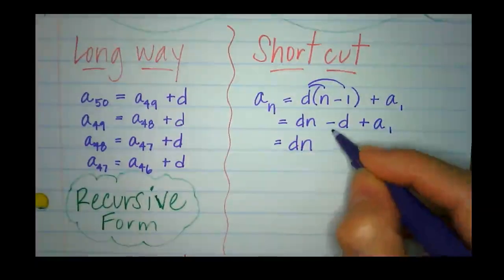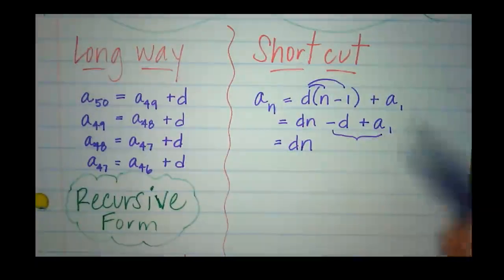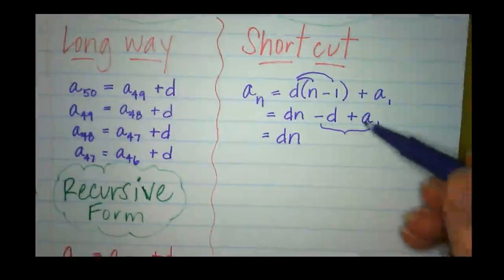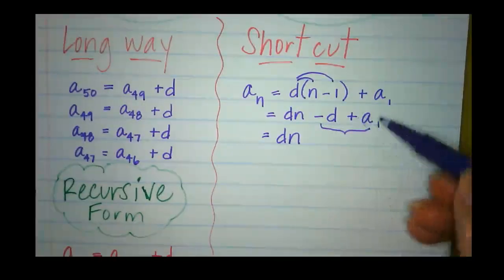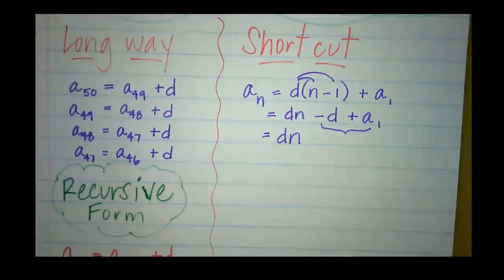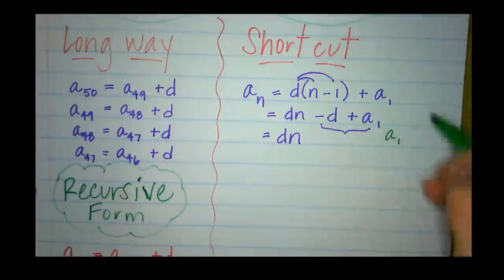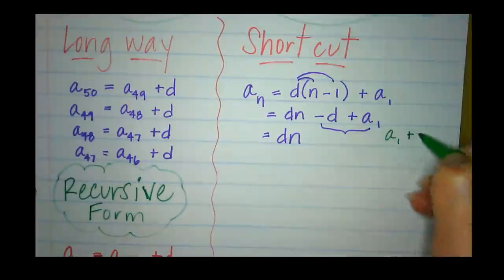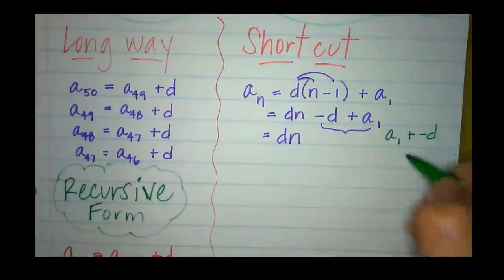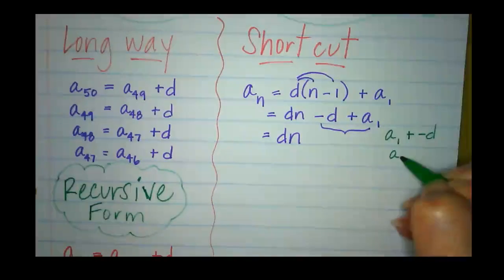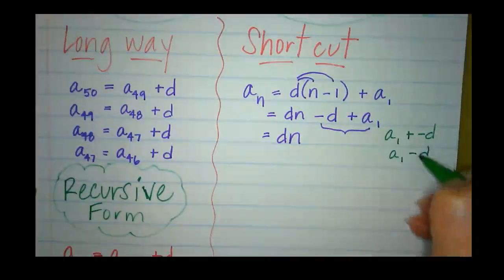But what I want for us to do right here is think about what this is. This is saying negative d plus a1. Well, I'm going to rewrite that because we can. So I'm going to rewrite that as a1 plus negative d, which I can rewrite again as a1 minus d.